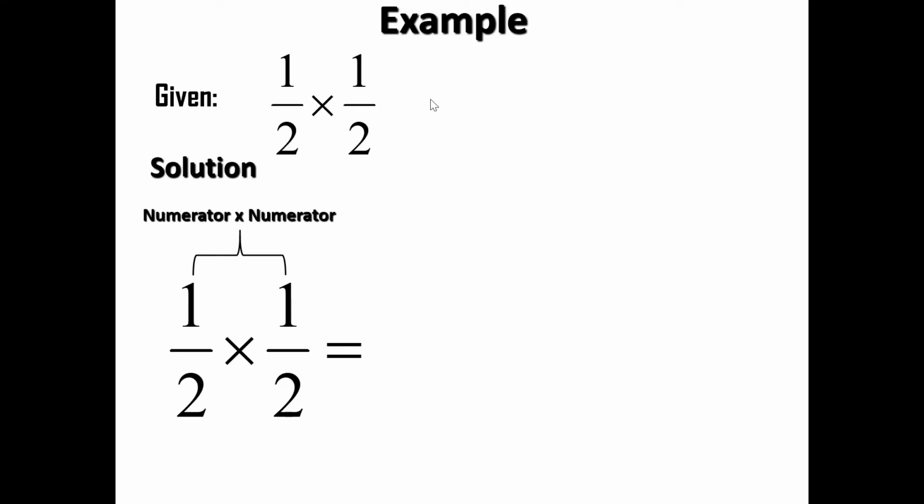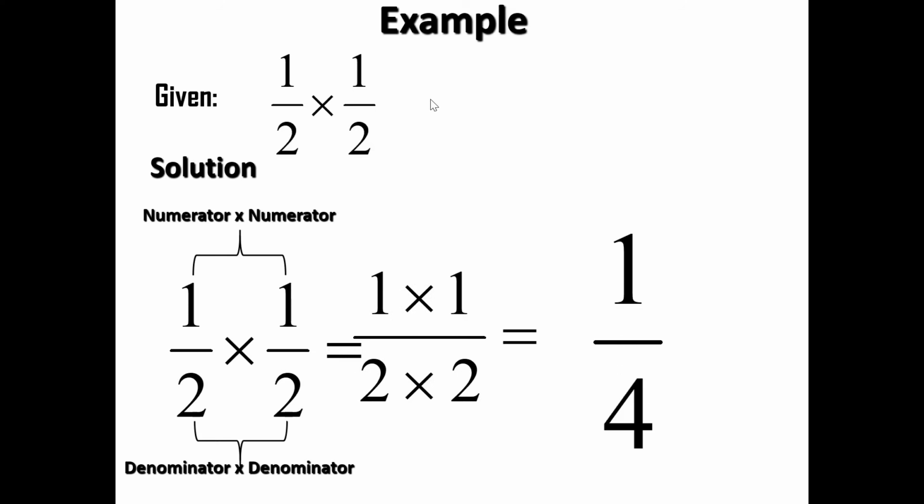So, yung 1 and 1 ay numerator and 2 and 2 is denominator. So, we need to multiply both. Then, we get the answer 1/4.